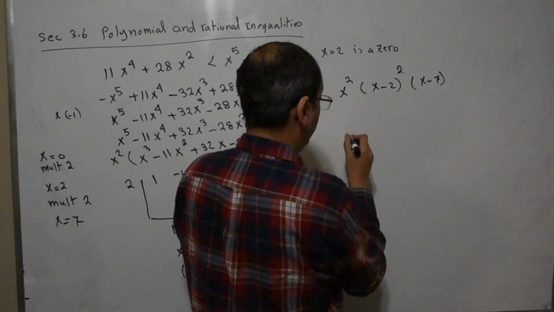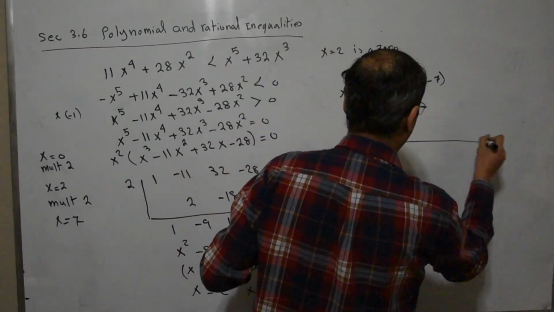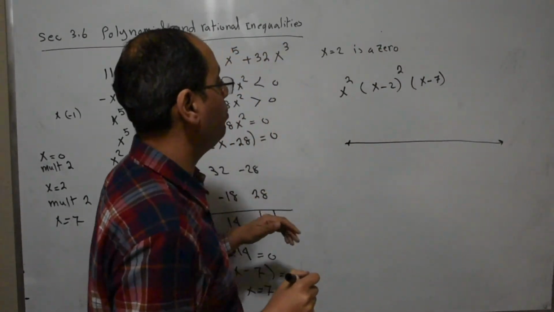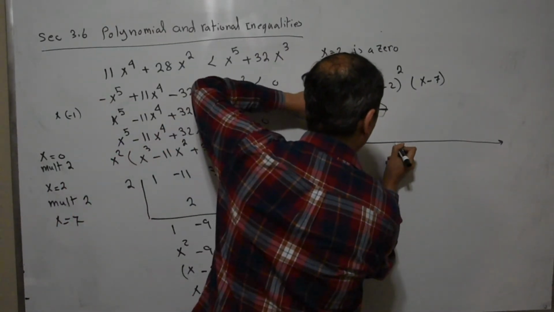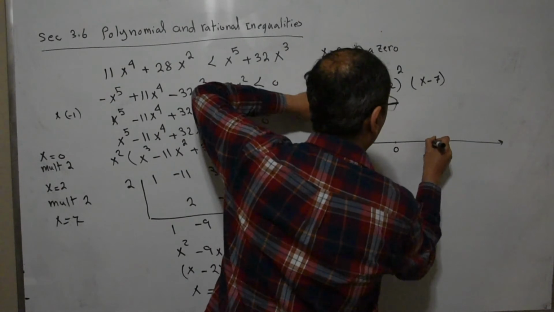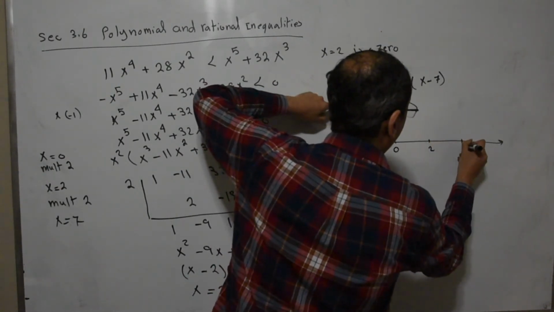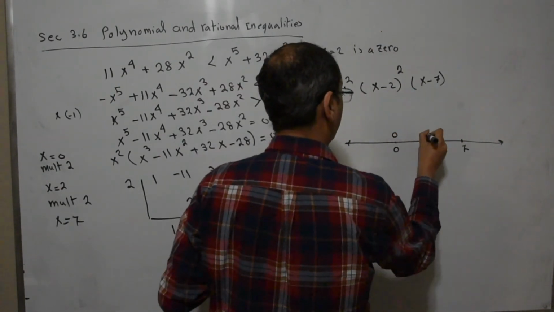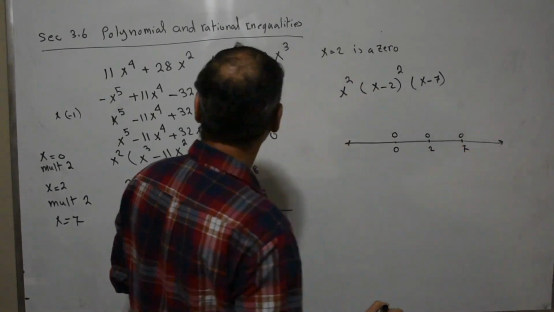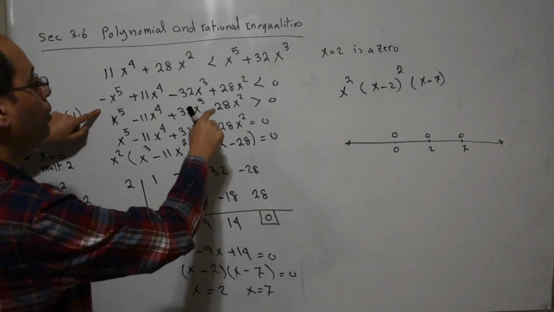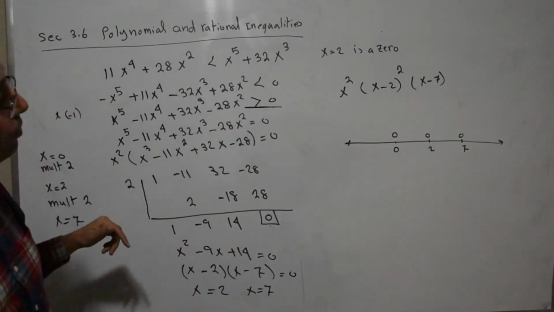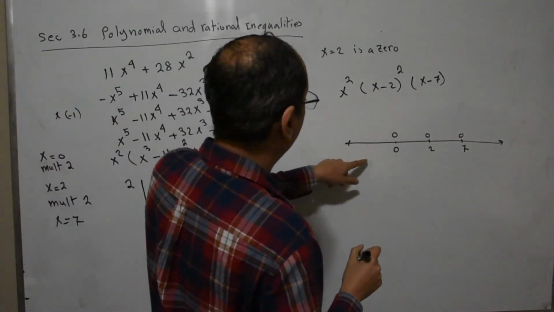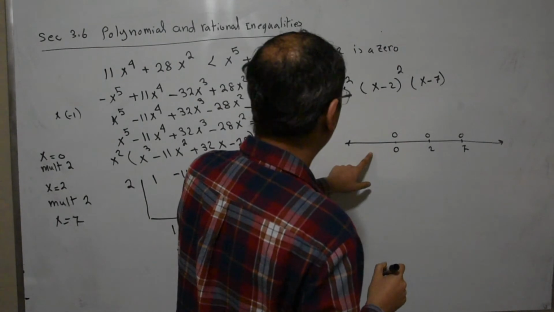So the second step is to draw the number line and put the zeros. So I have 0, 2, and 7, and I have zeros at these points. Remember that we are looking for where it is positive. Alright, so I'm going to test this region.